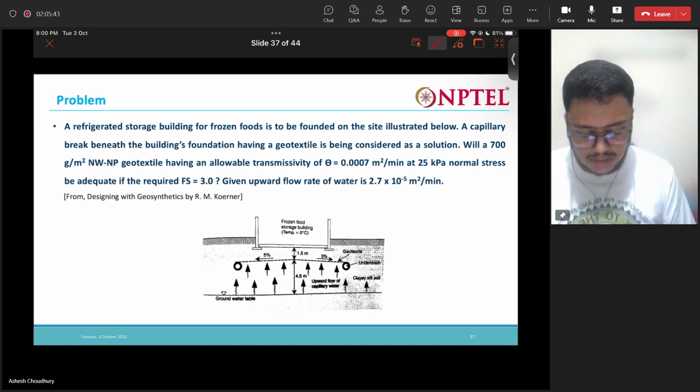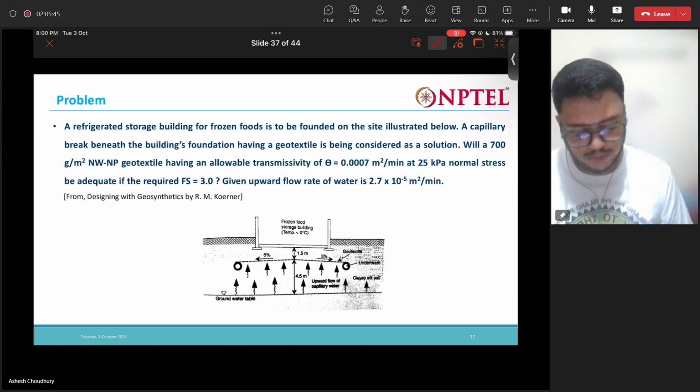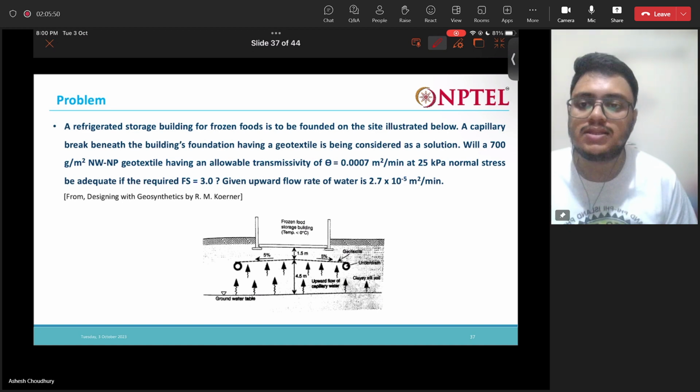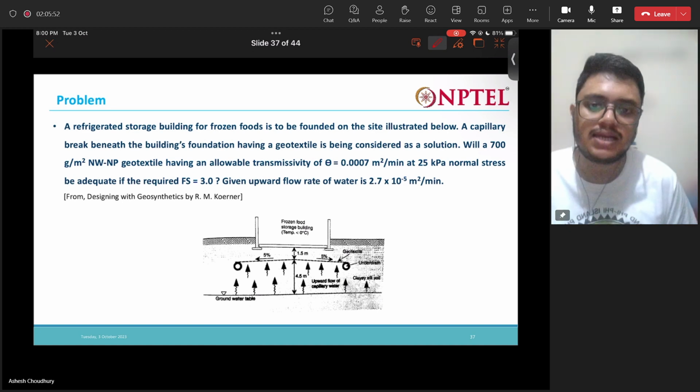So a refrigerated storage building for frozen foods is to be founded on the site illustrated below. A capillary break beneath the building's foundation having a geotextile is being considered as a solution.